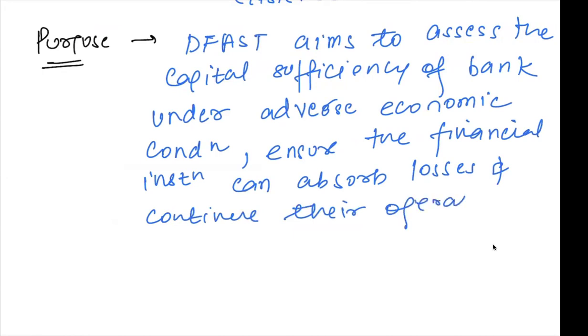You might be having a lot of doubts: if CCAR is also doing capital adequacy and capital planning, and DFAST is also checking capital sufficiency of the bank, what's the major difference? I'll cover the difference in the end, but let me walk you through what DFAST is in general.